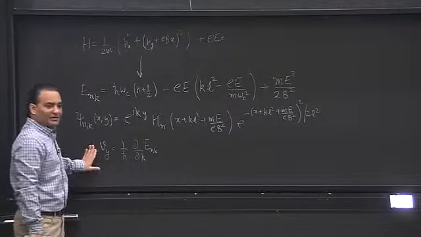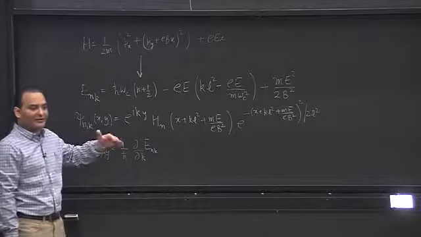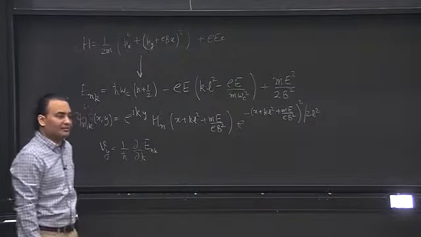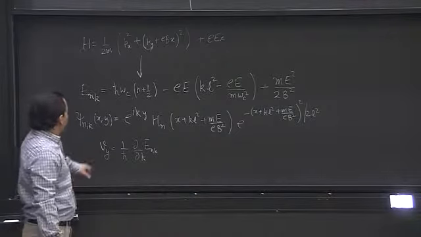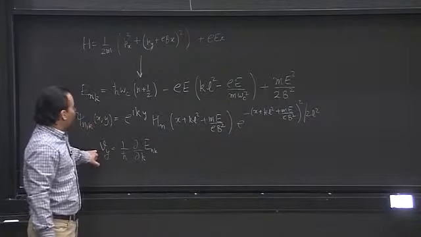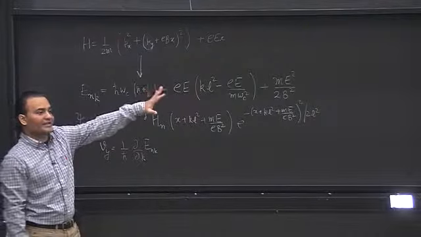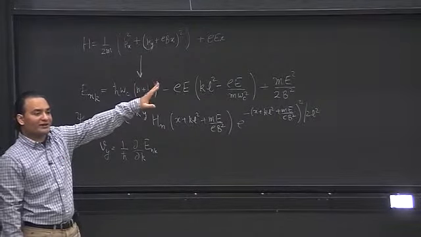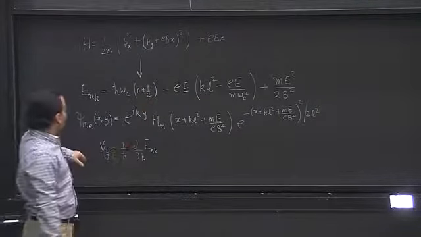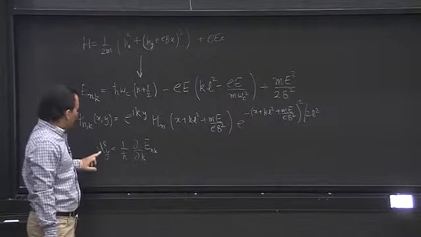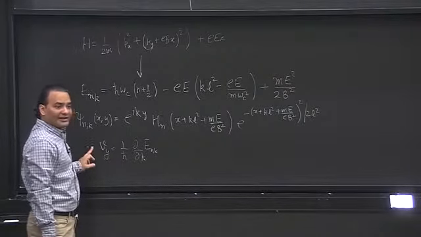So remember, this velocity operator is the first derivative of the energy, the spectrum. If you did this before, you would get 0. No velocity in the y direction. Now, in the presence of an electric field, you get a velocity in the y direction.